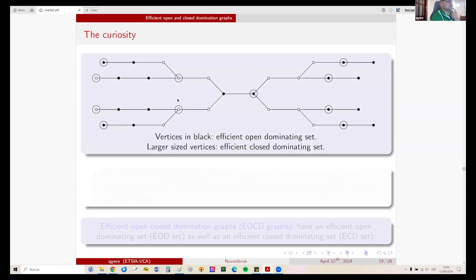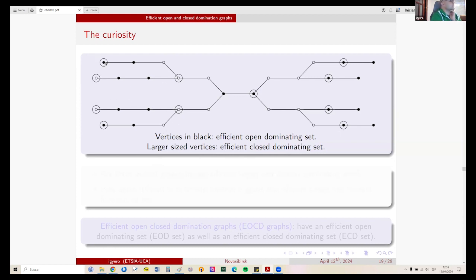For instance, in this example, if we consider this tree, which is similar to the one I represented before, we see that the vertices in black form an efficient open dominating set. All these spaced edges, and also the large-sized vertices, form an efficient closed dominating set. You will see some particular situations.